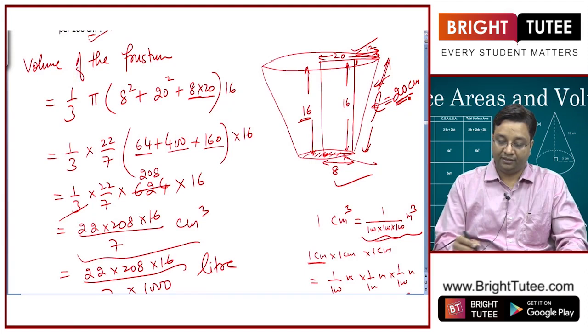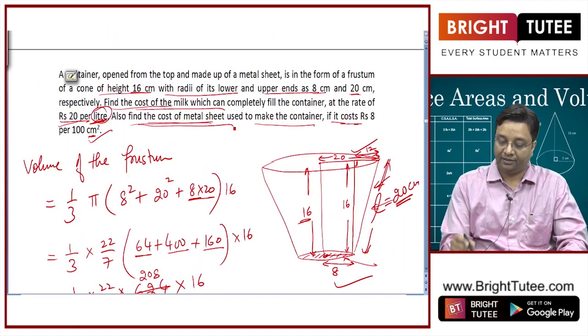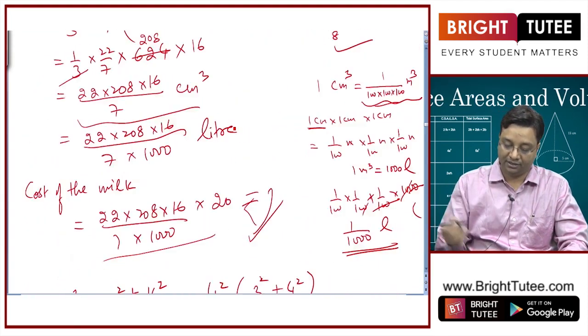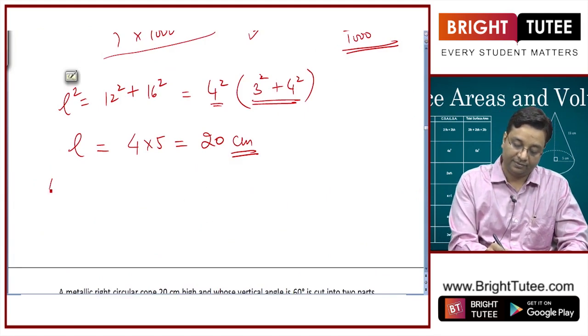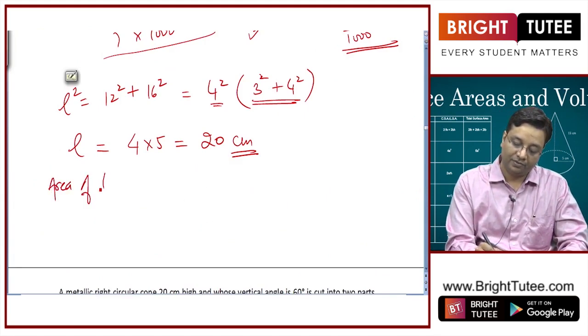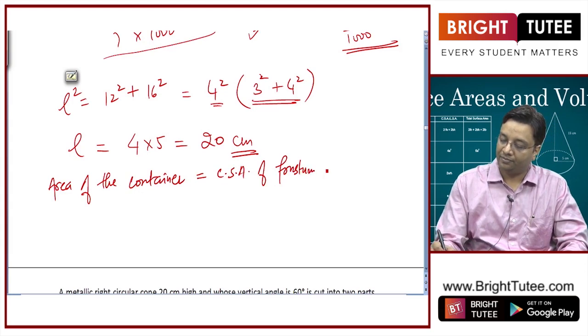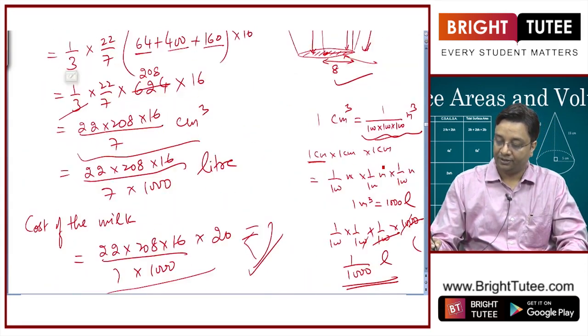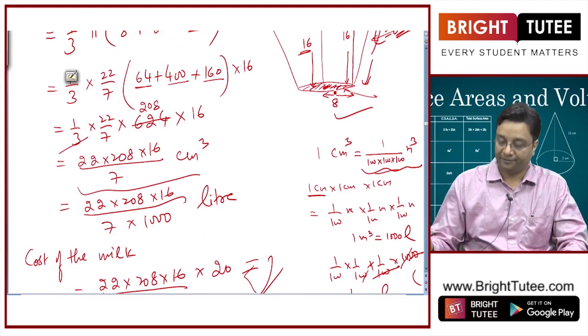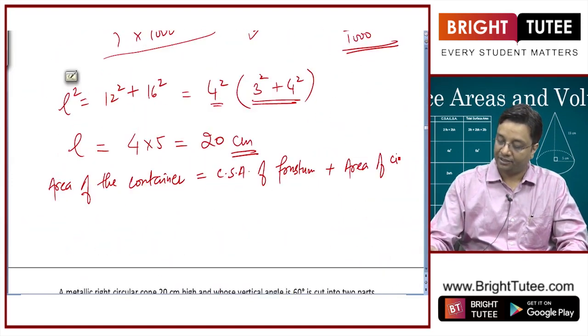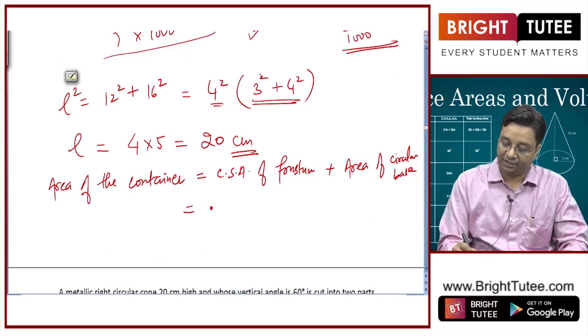Now, once you have got the slant height, the area of the metal sheet or the area of the container, let us say, is equal to curved surface area of frustum plus area of this circular base. What is the curved surface area of frustum?